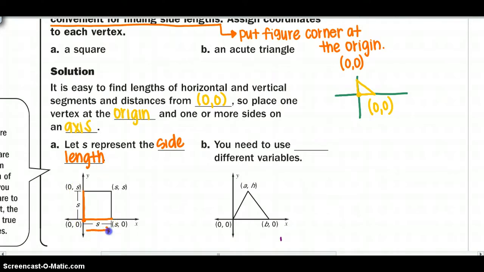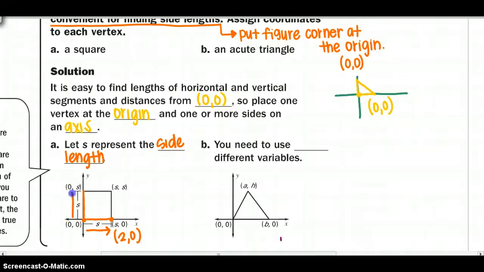So normally we're going to go over some amount of units to get our ordered pair there. This time we're going to go over S units, so we would place it as S, 0. Sometimes we can think of it as maybe 2, 0, but right now we're going to use S because it doesn't matter what type of square it is, it will always come out as S units.